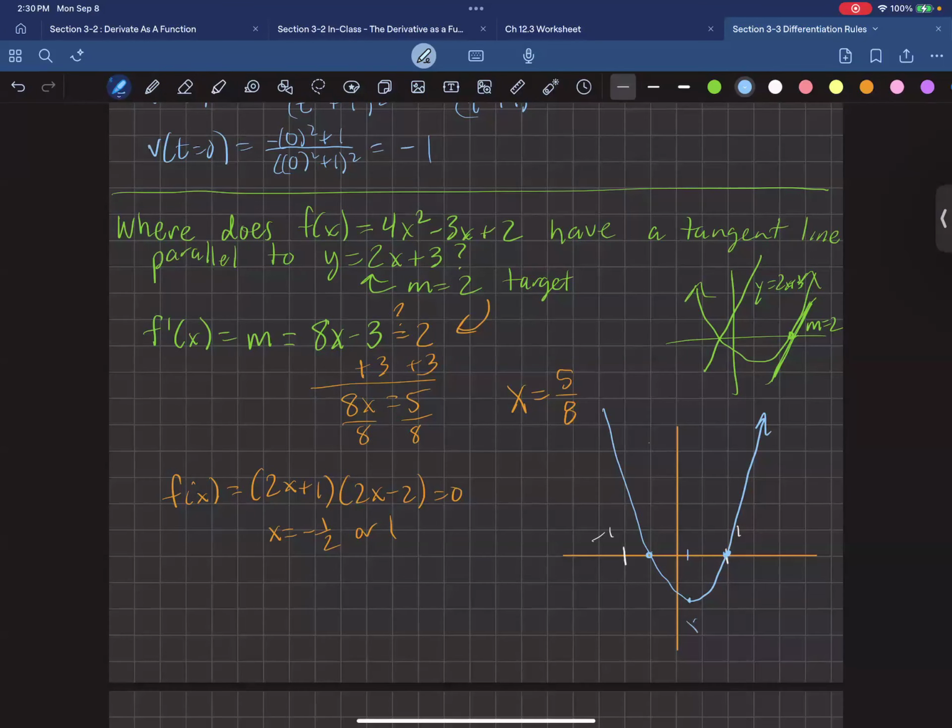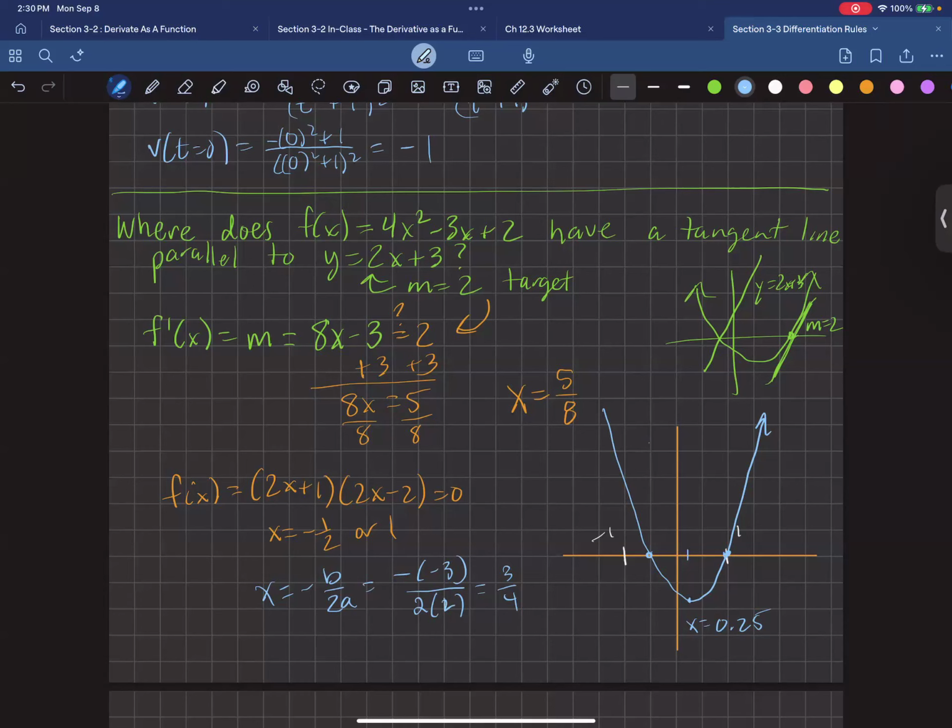That's probably at x equals 0.25. We could find out by doing negative b over 2a. We've done that before. Negative 3 over 2 times 2 is at 3/4. What?